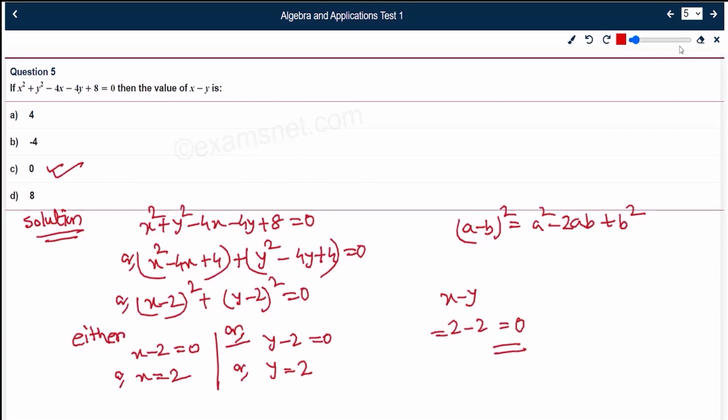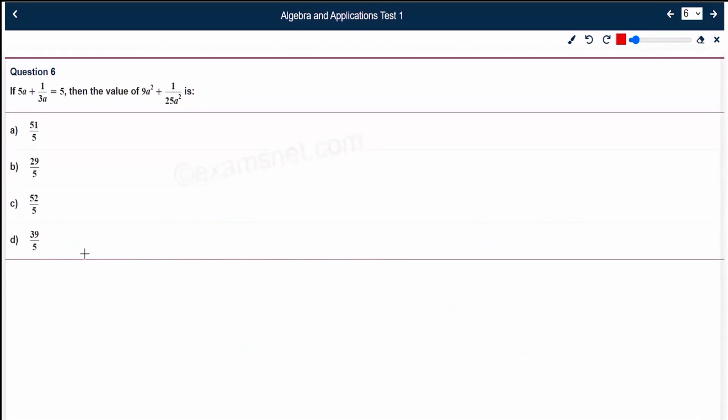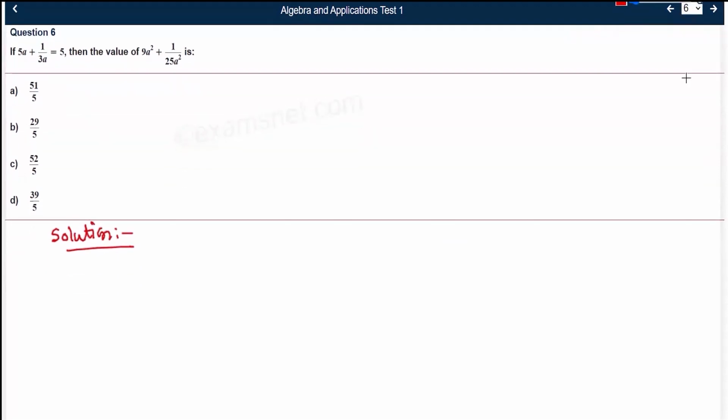Now let's move towards the next sum. If 5a plus 1 by 3a equals 5, then the value of 9a square plus 1 by 25a square is. Okay, so let's start with the given expression first, that is 5a plus 1 by 3a equals 5.